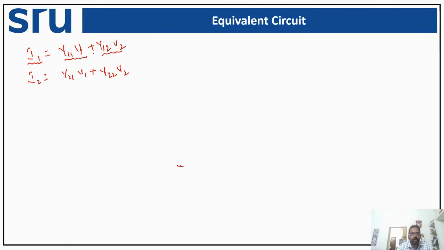So we should connect these two in parallel. Let us say we have two parallel elements, or let us draw.